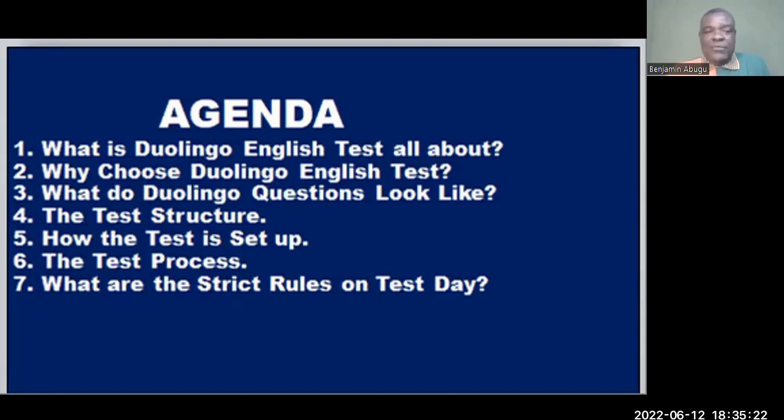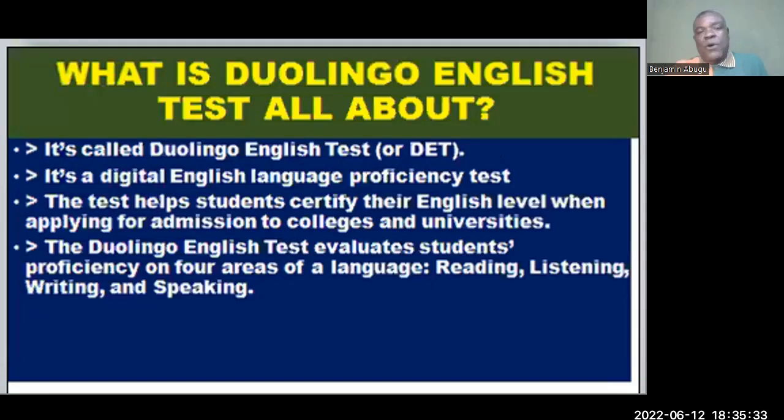So let's look at this one by one to give you an overview of what you must know about the Duolingo English Test. Now, first of all, what is Duolingo English Test all about? You can call it DET for short, the Duolingo English Test, all right?